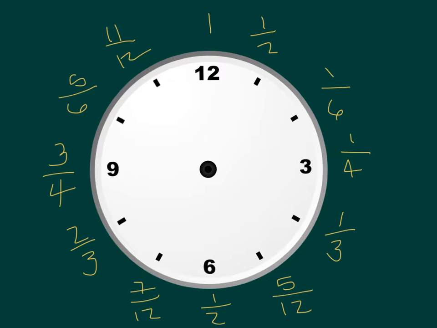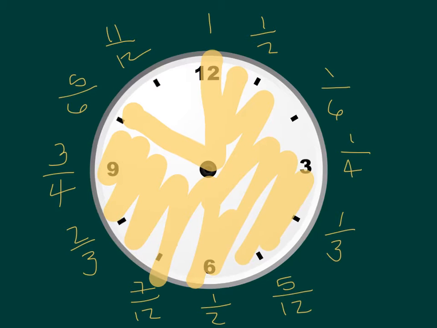Similarly, for all other fractions, a half hour would be 2 here, and 5/6 of an hour would be 2 there. So as you can see, it is very easy to implement fractions into clocks and telling time.